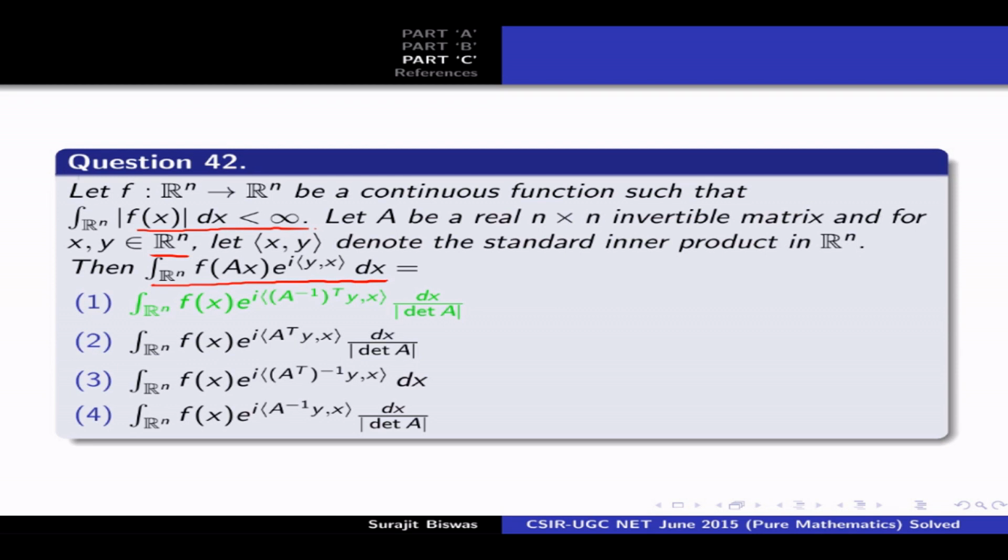So basically we have to apply some transformation, and what is the transformation? We have to apply Ax = z for some z, and then after applying the transformation, we have to rewrite this integration in terms of z. So that's what we have to do. How do we do that?